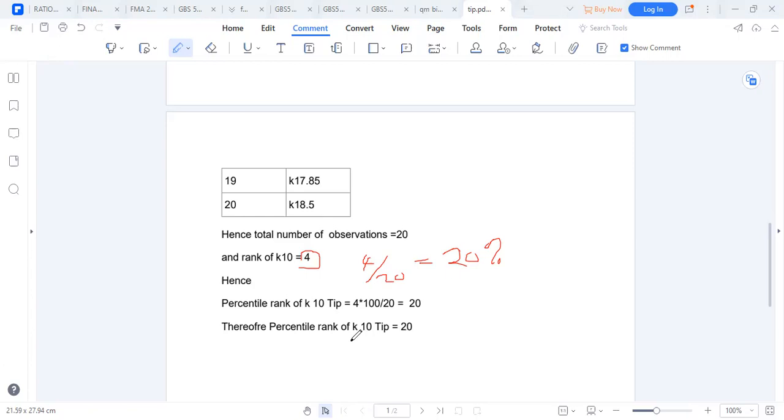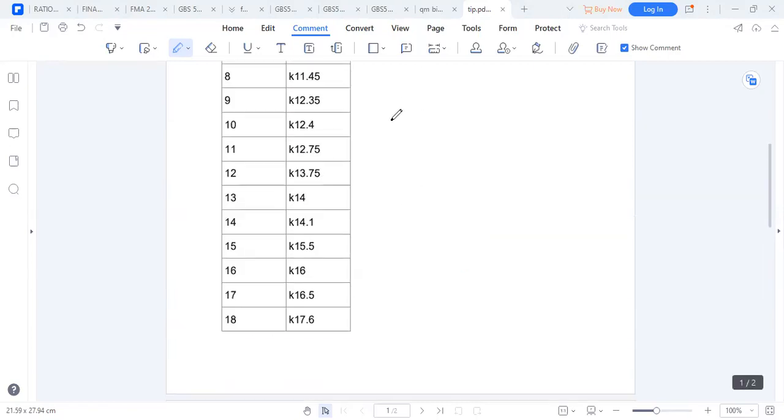Can I proceed? So if they had asked you to calculate the 14th tip in terms of percentile, the 14th tip is in the 13th position. So you just do 13 out of 20 times 100, which gives 65%. So in short, you find the percentage of the position after rearranging them. Is that clear?